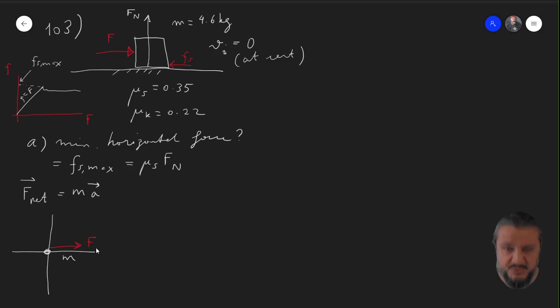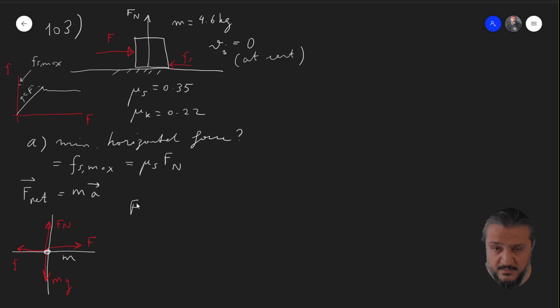Big F, that's you pushing it to the right. Little f, friction force. F normal, up. And its weight, mg, downward. Okay? It's not moving yet, so acceleration is 0.